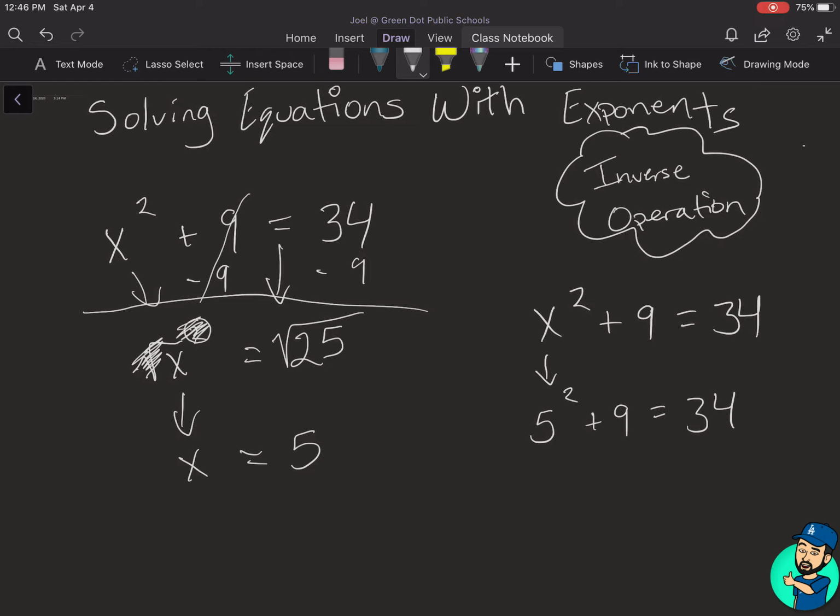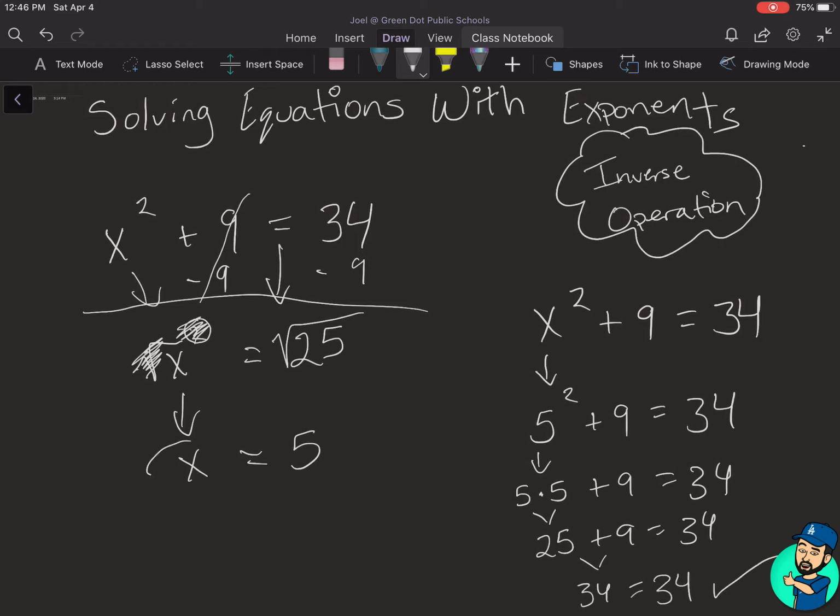So we need to figure out what 5 to the power of 2 is. 5 squared means 5 times 5. 5 times 5 equals 25. And 25 plus 9 equals 34. And does 34 equal 34? Yes. So now we know that x does equal 5.